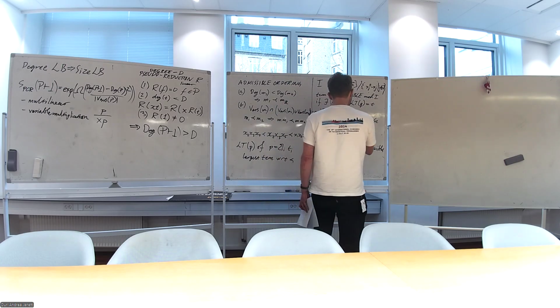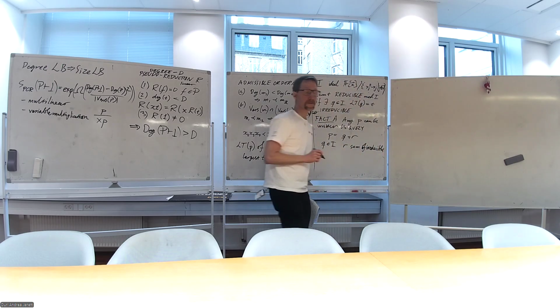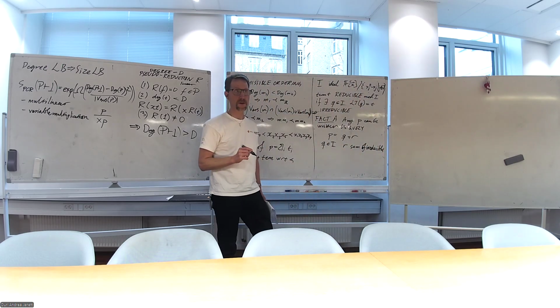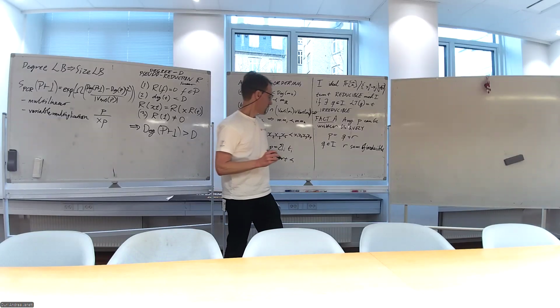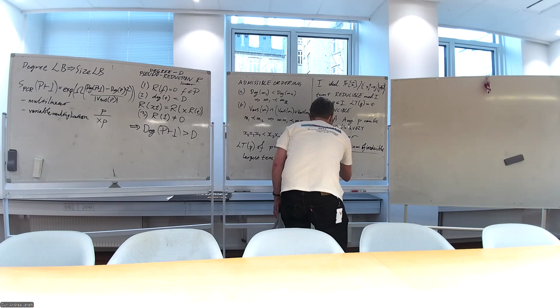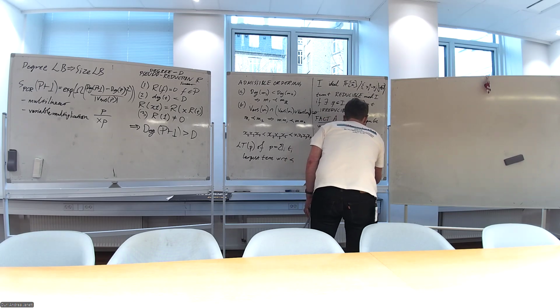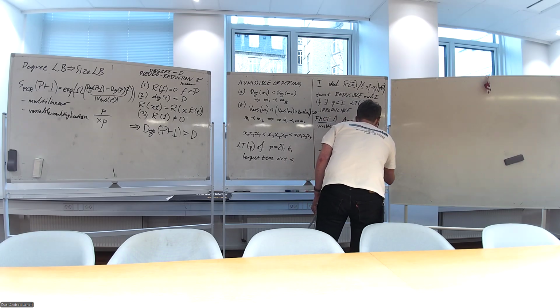But the point is that, in fact, this representation is unique. And this is super important. This is something that we will use. And uniqueness is not so hard to prove. Suppose that P is Q1 plus R1, and suppose that it's also Q2 plus R2.